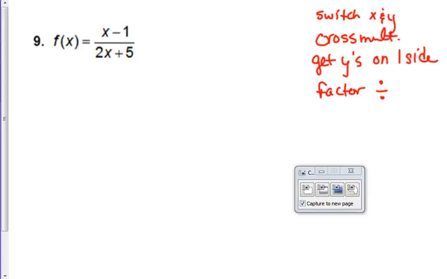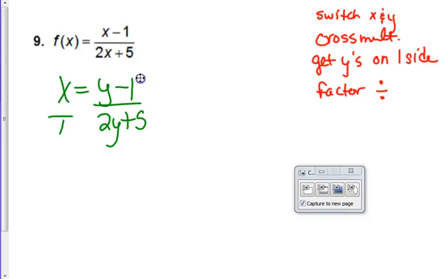So let's try it. This is going to say x equals y minus 1 over 2y plus 5. Please tell me I didn't lose anybody yet. All I did was switch the x and y's. Now what? If I cross multiply, what will I have? I'm going to go ahead and distribute.